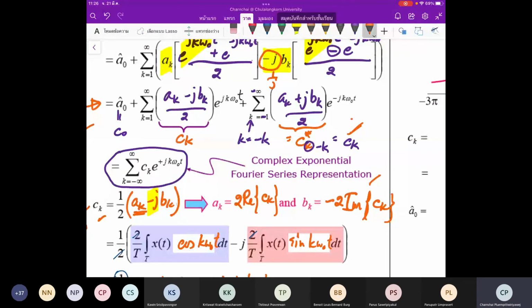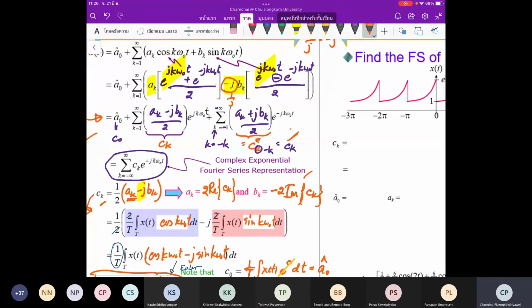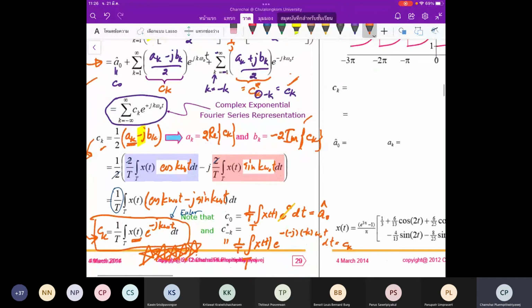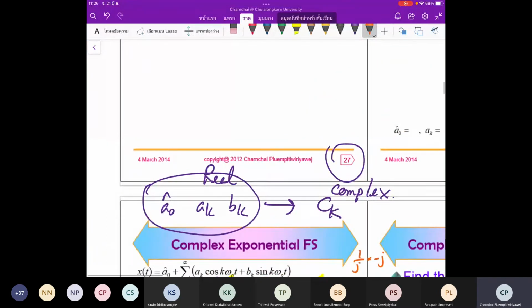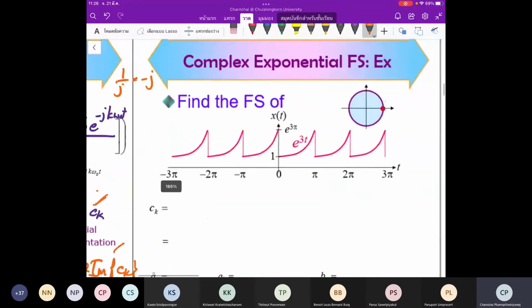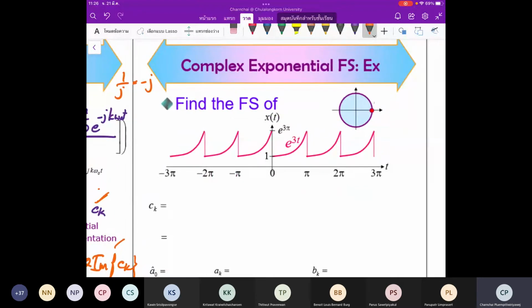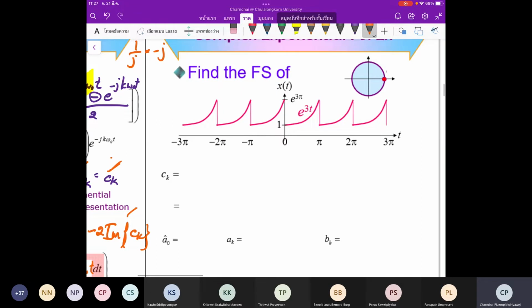So we have this, and that's how we get the Fourier series. We can use the Fourier series instead of finding A0 hat, AK, and BK separately. We can find CK just one time, and then we can figure out A0 hat, AK, and BK. For example, find the Fourier series of this function, e to the 3t.